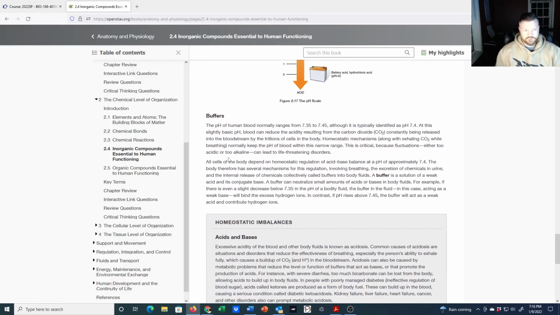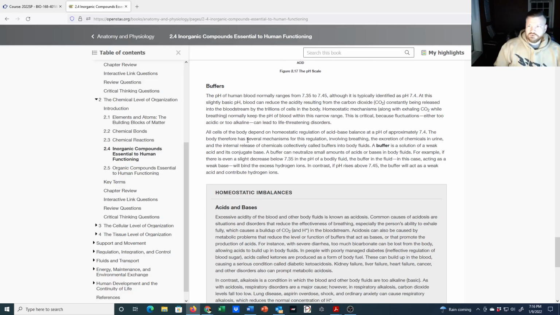What buffers do is keep all that from fluctuating too much, right? One of the things you will commonly see right now, in fact, I was just scrolling TikTok a little bit ago and I saw it: somebody was taking the pH of water and talking about how acidic it was or how basic it was. The problem with that is the water's not buffered, and as soon as you add a little acid to it, the pH just drops super low.